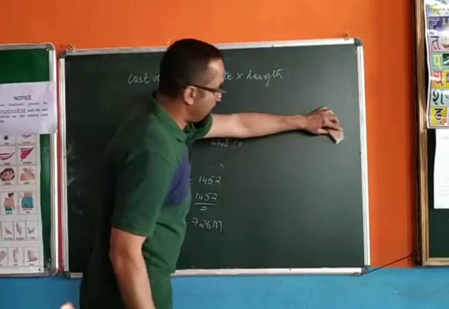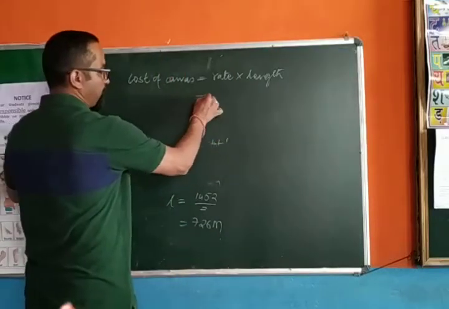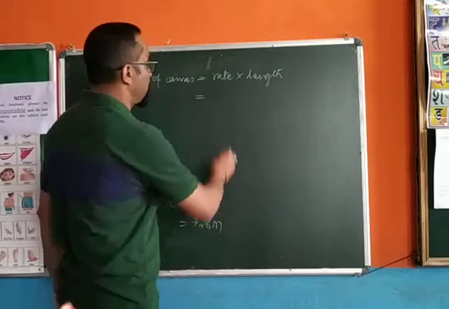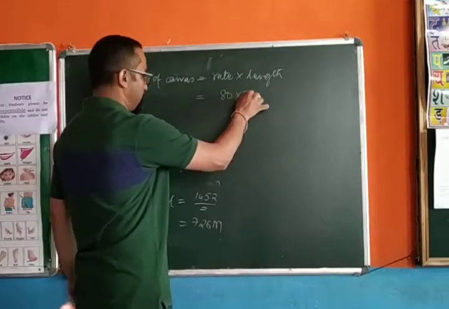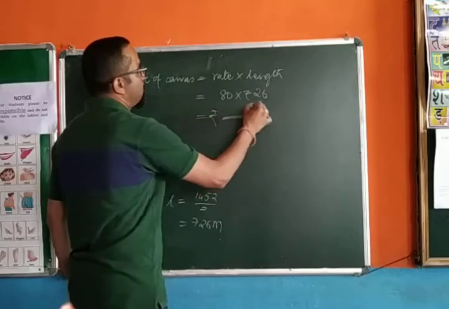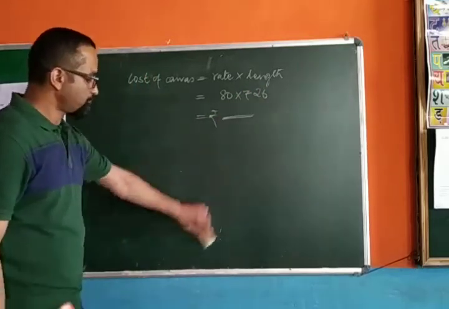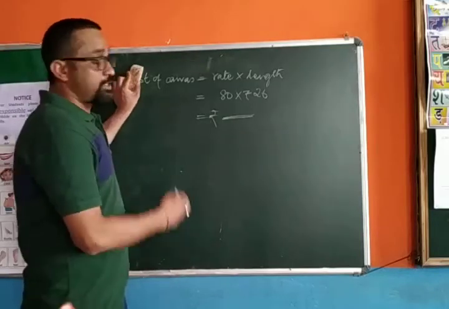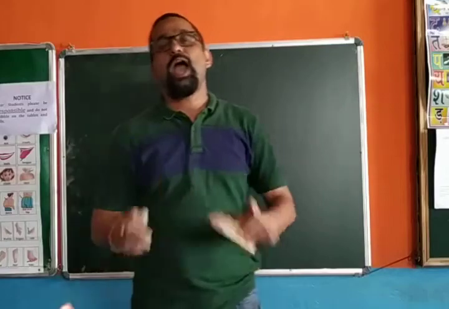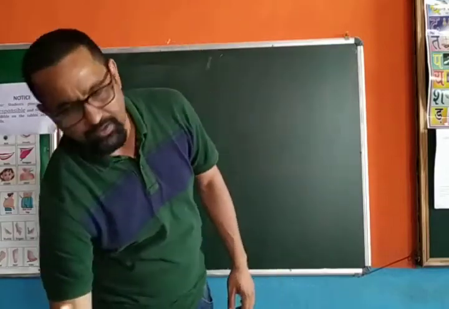So 726 is the length and rate is given in the question. Multiply the rate by 726 to get the answer in rupees. So this is how we calculate the length of the canvas and the cost.